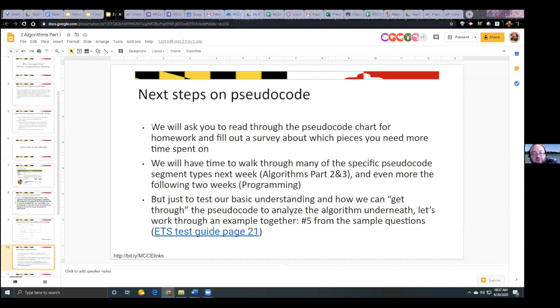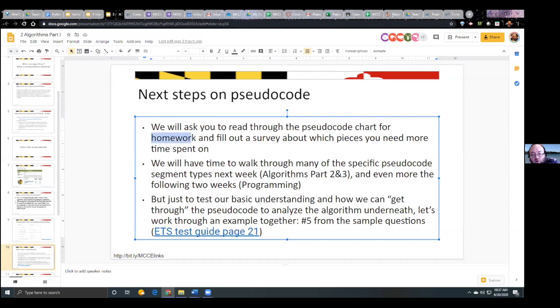And I'm going to ask you to spend about 5 minutes for homework this week and read through that pseudocode chart or review it if you've already read through it. And I'm going to send out a survey for which of those pieces you need more time spent on over the next 3 weeks.